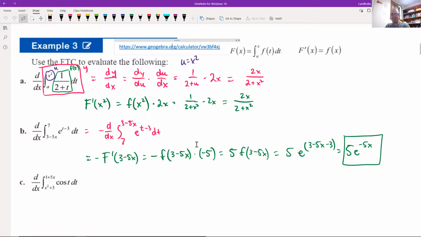Chain rule. And then continue to work things out and just simplify.